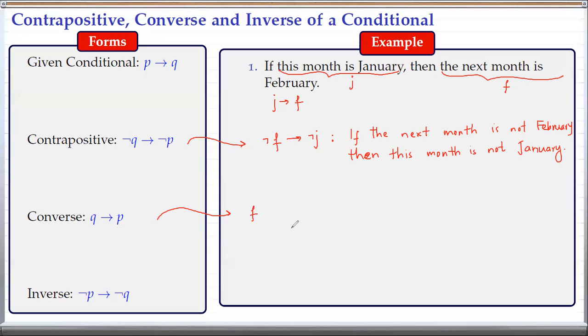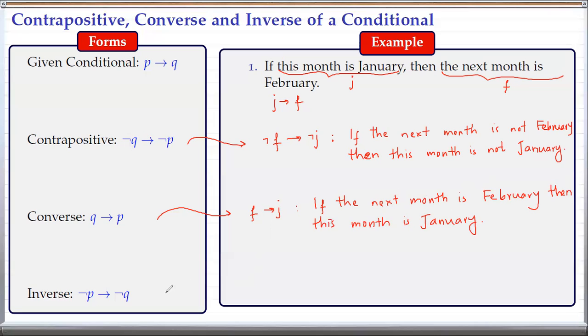The converse over here will be F implies J. And this we can write as: if the next month is February, then this month is January. So this is the converse.